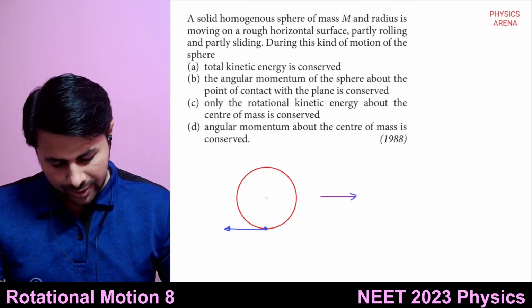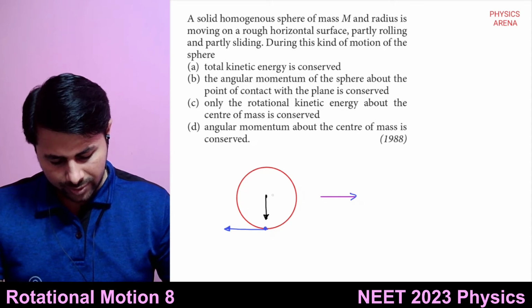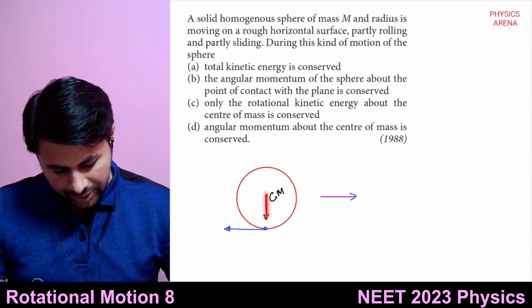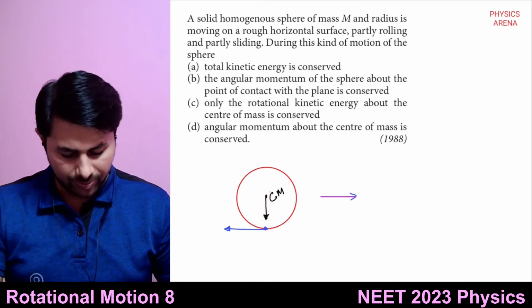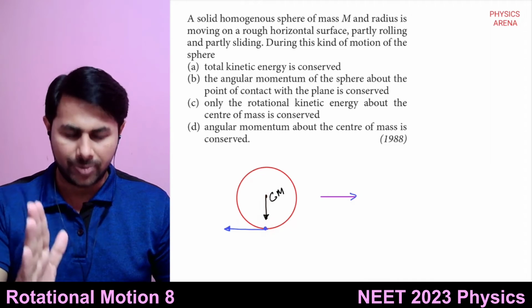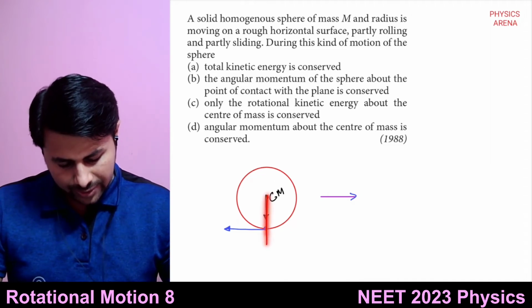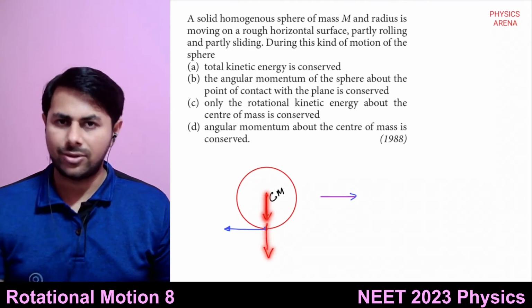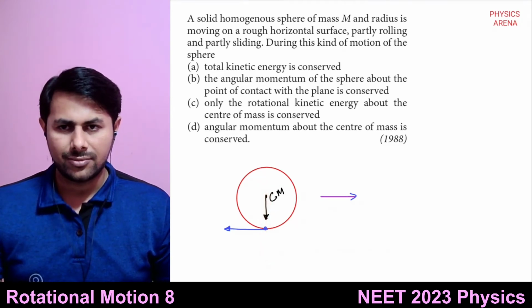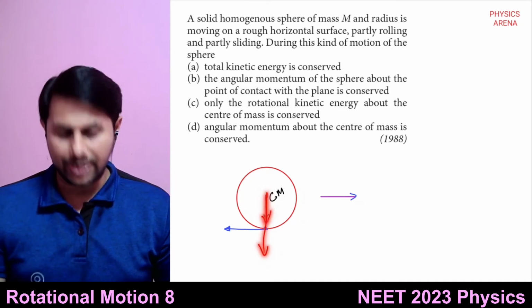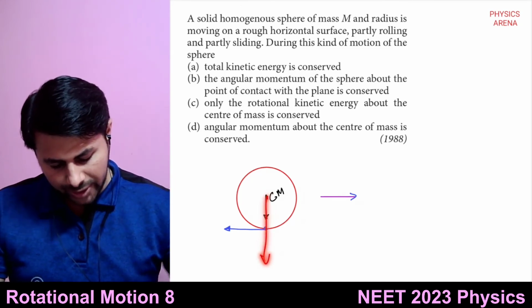And there is another force, the gravitational force. Now this is the center of mass. The gravitational force acts through the center of mass, but the center of mass is above the point of contact, so the line of action of the gravitational force also passes through this point.